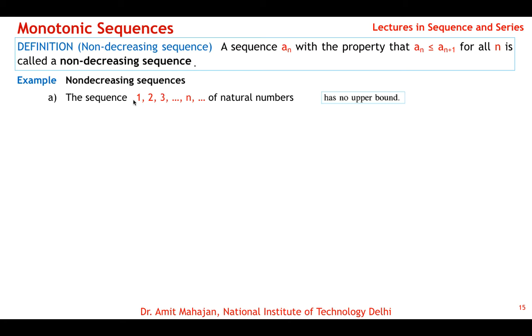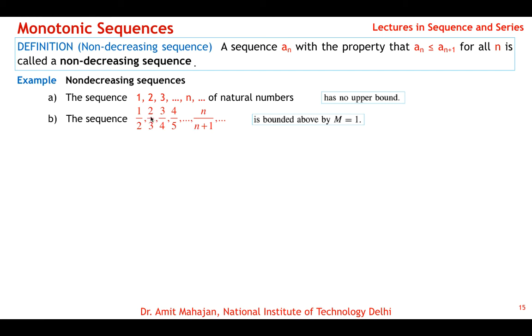Say the sequence of natural numbers 1, 2, 3 and so on. It's a non-decreasing sequence because the next element is always greater than or equal to the previous element. This is true for all elements, and this has no upper bound. But say the sequence is 1 by 2, 2 by 3, 3 by 4, 4 by 5 and so on, n over n plus 1.